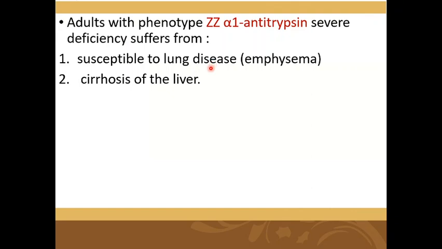That is the lungs' alveoli are damaged and there is a shortage of blood. Cirrhosis of liver also occurs. So basically those adults who are deficient in ZZ alpha-1 antitrypsin suffer from lung disease, emphysema of lungs and cirrhosis of liver.